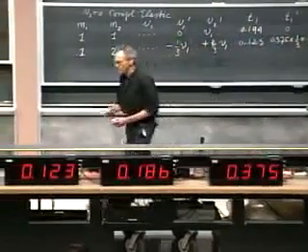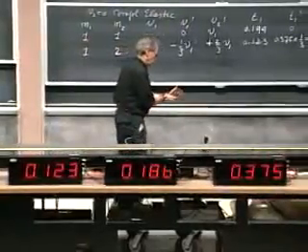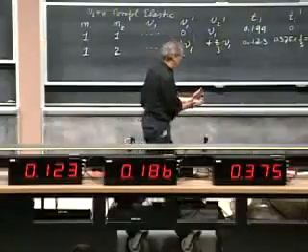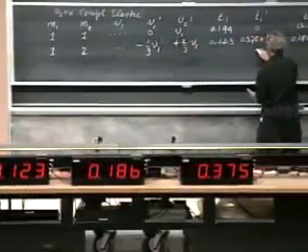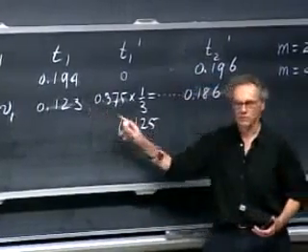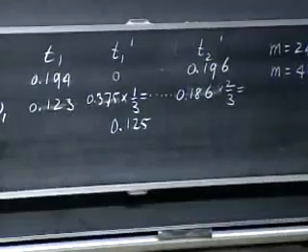Okay, let me be lazy and let me use my calculator. 3, 7, 5 divided by 3. I could have done that by heart, of course. This is 0.125. An amazing agreement. Amazing. Only 2% off, less than 2%.